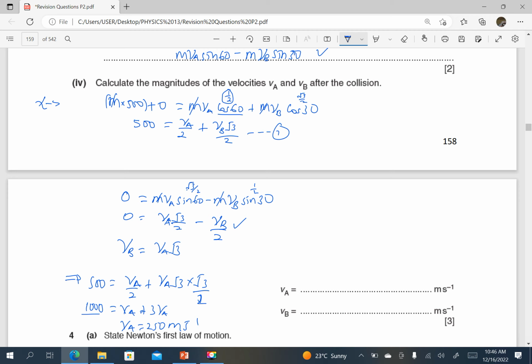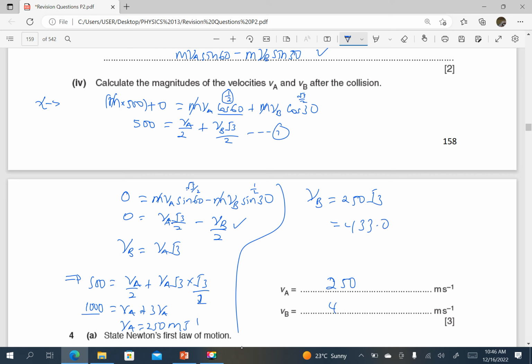meters per second. So VA is 250 meters per second. Then I have to find the VB. VB is very easy. VB is equal to VA times root 3. So that is 250 root 3, and this is 433.0.